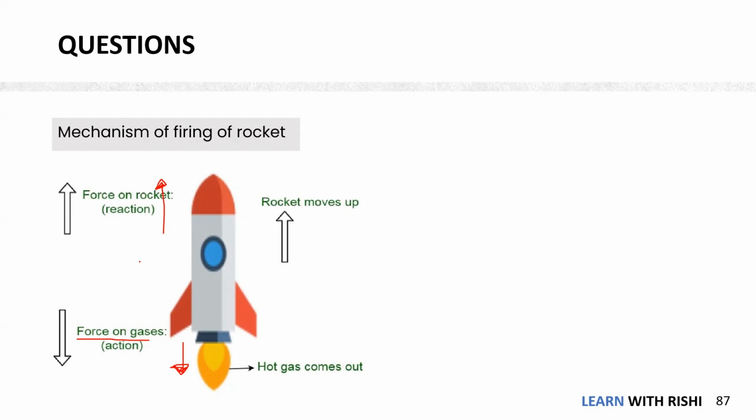So it exerts an equal and opposite reaction force on the rocket, due to which the rocket moves in the forward direction. And that's why launching a rocket, or the mechanism of firing a rocket, is based on Newton's third law of motion, as every action force has an equal and opposite reaction force and they act simultaneously. So here our action force is the force on the gas, and the reaction force is the force on the rocket, which helps the rocket move in the forward direction.